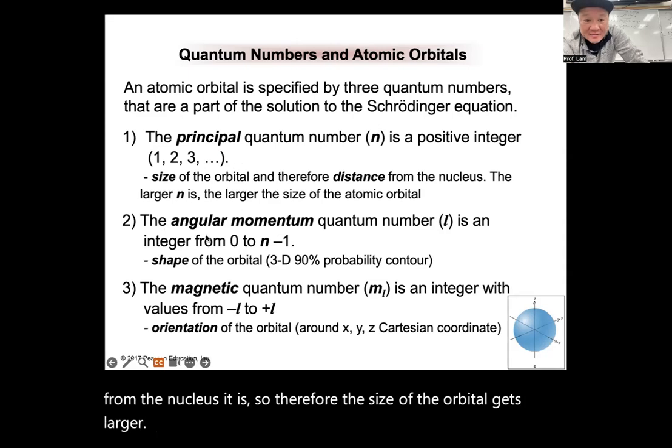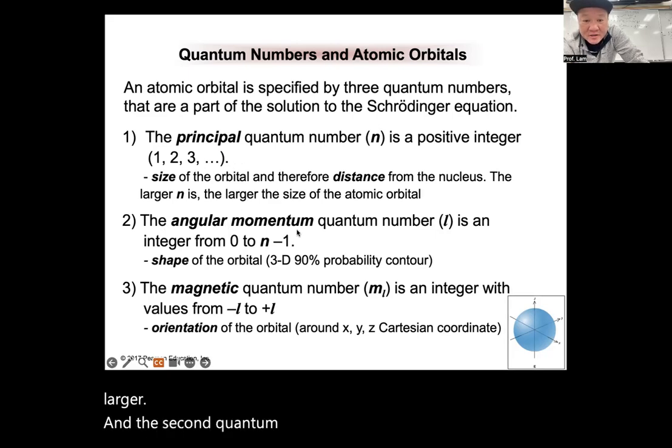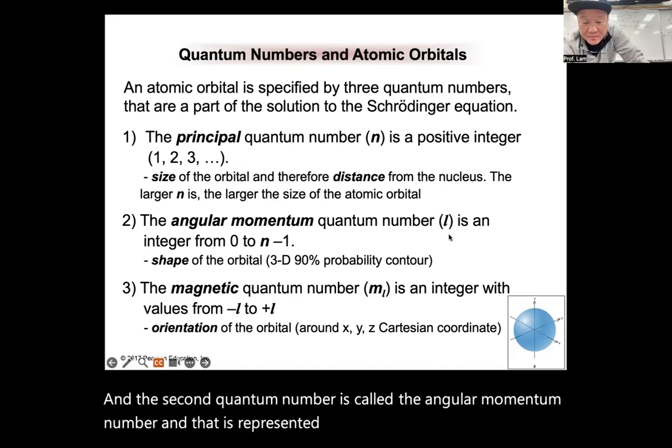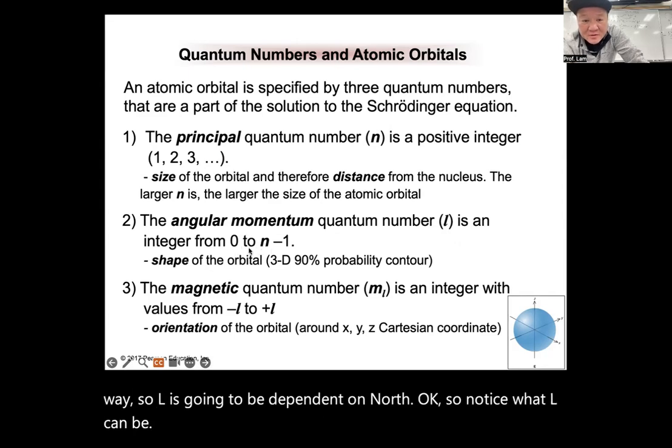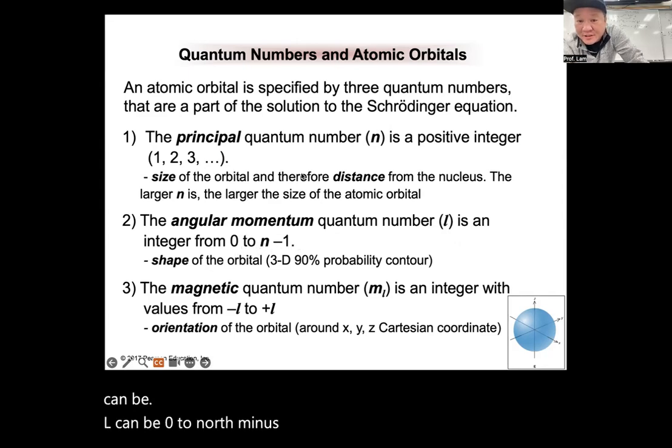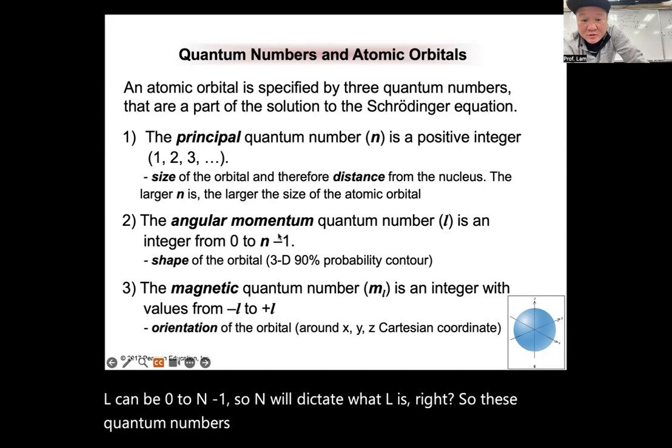And the second quantum number is called the angular momentum number. And that is represented with L. And this is a hierarchy, by the way. So L is going to be dependent on n. Okay. So notice what L can be. L can be 0 to n minus 1. So n will dictate what L is, right? So these quantum numbers, again, are hierarchical.